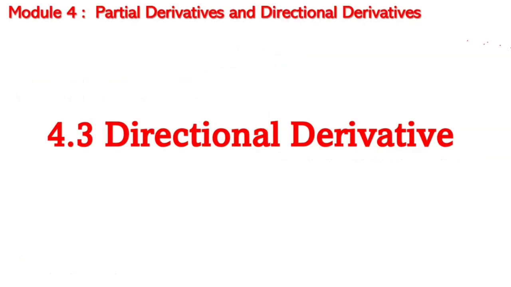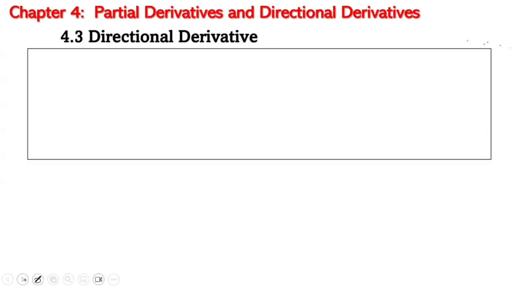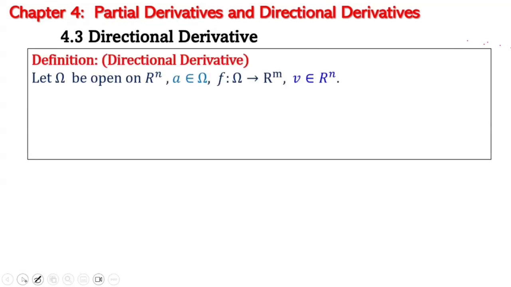Here we are going to discuss the directional derivative. We start with the definition of the directional derivative. For that we need an open set Ω in Rn and a point a in Ω, and f is a function from Ω to Rm, and v belonging to Rn is a vector in whose direction we are going to define the directional derivative.